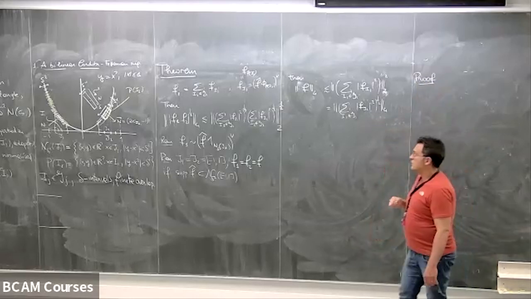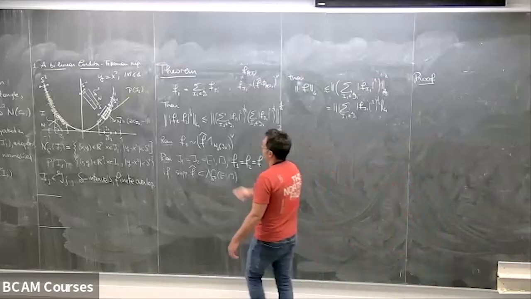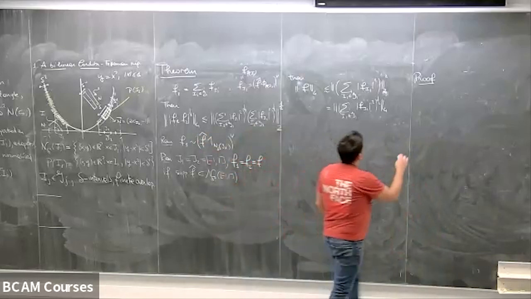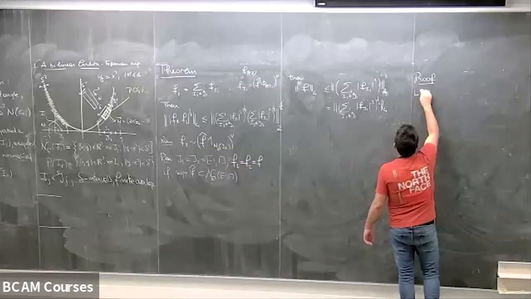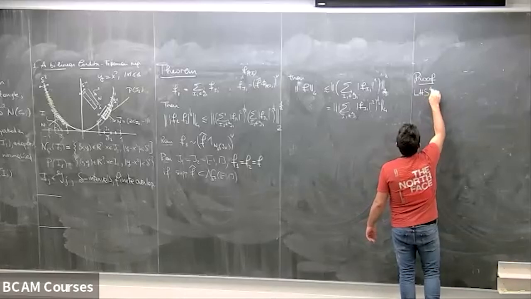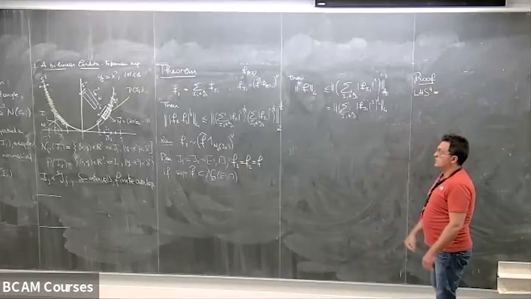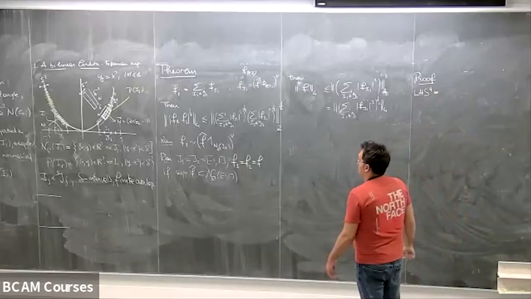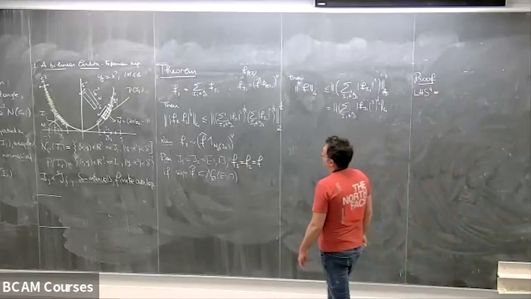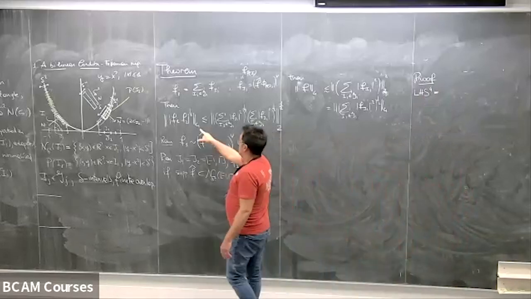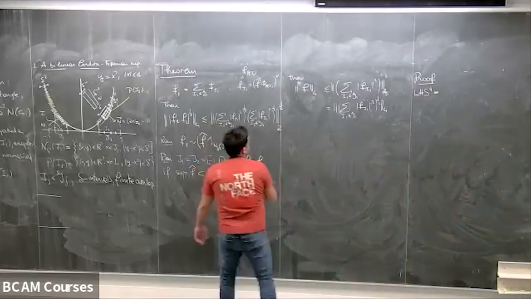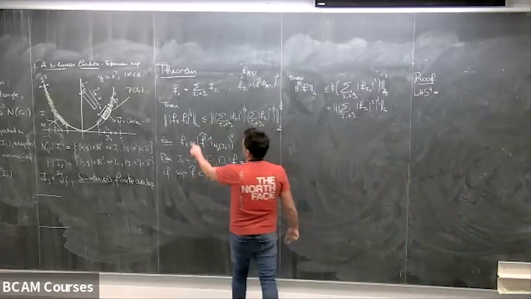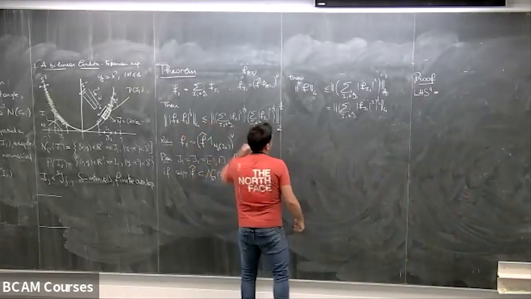To prove this inequality, we start by computing the fourth power of the left-hand side. The fourth power is an integral of f1 f2 squared, because this is the fourth power.